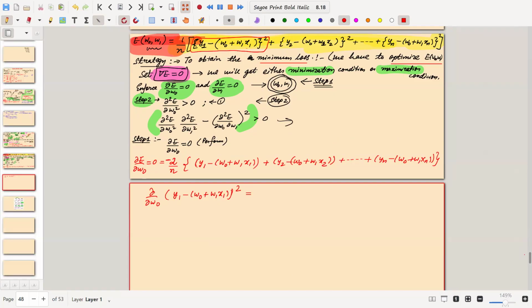Take this whole thing as some f of W0. So you are computing dou by dou W0 of f of W0, isn't it? So what it should be? Actually, there is W1 also. What we should do?